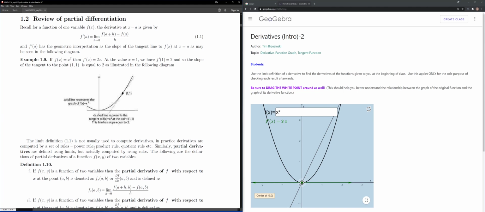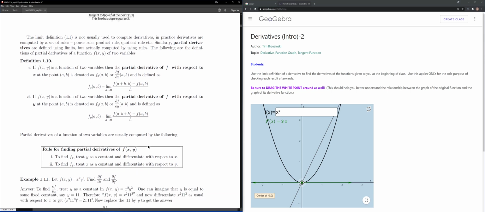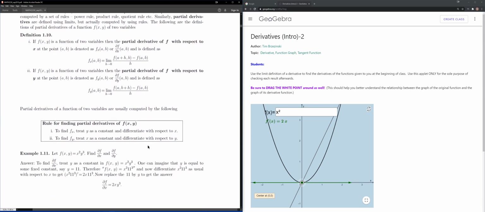Where the product rule comes from is this limit definition. So the use of this limit definition is to actually prove rules, but it's not that useful when you're doing actual calculations.